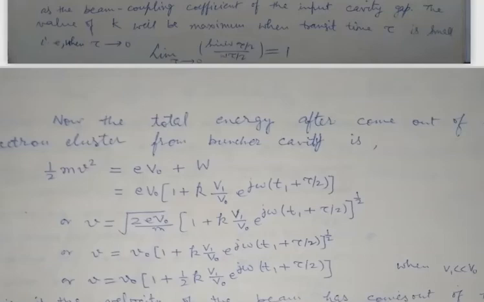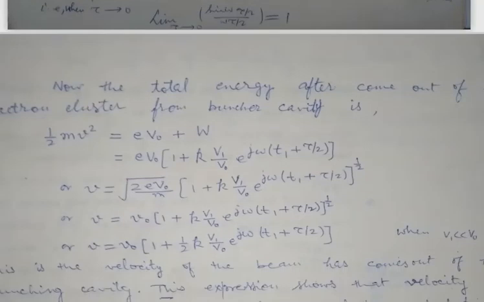Now with the work done on or by the electrons expressed as W, and also taking into account that e V0 is the work done by the field, the total energy of the electron when it comes out from the Buncher cavity grids is half m v square equal to e V0 plus W, equal to e V0 into 1 plus k V1 over V0 e raised to the power j omega into t1 plus tau by 2.